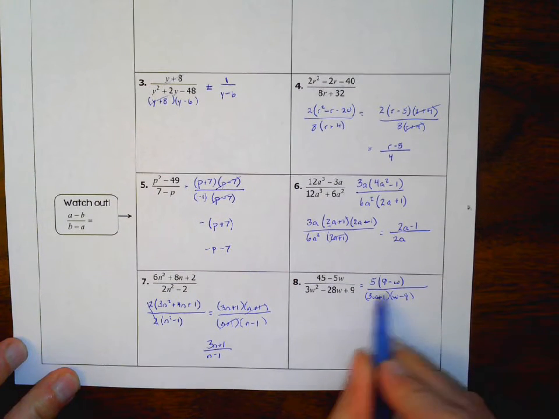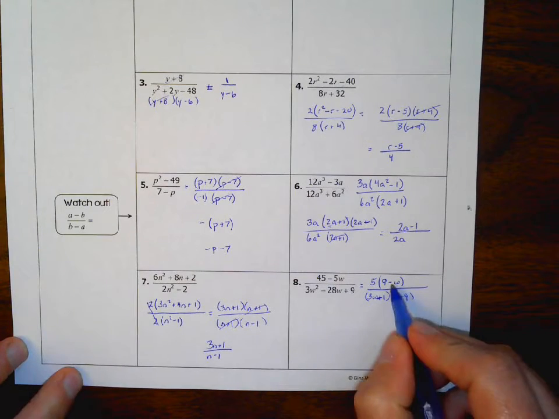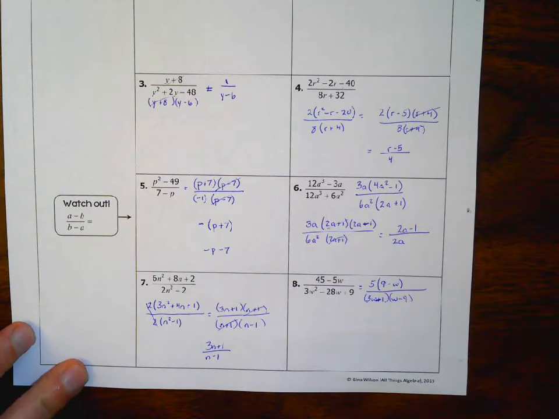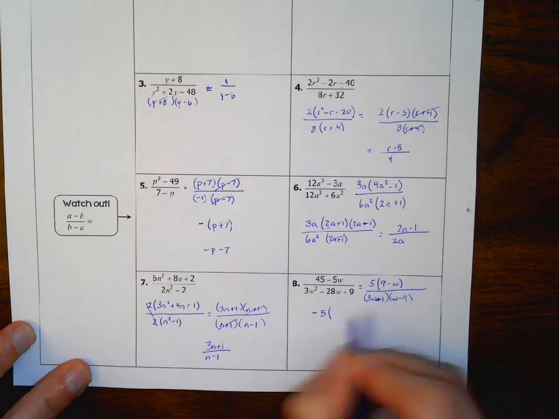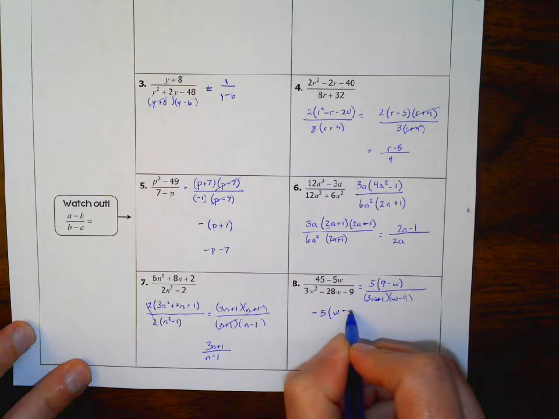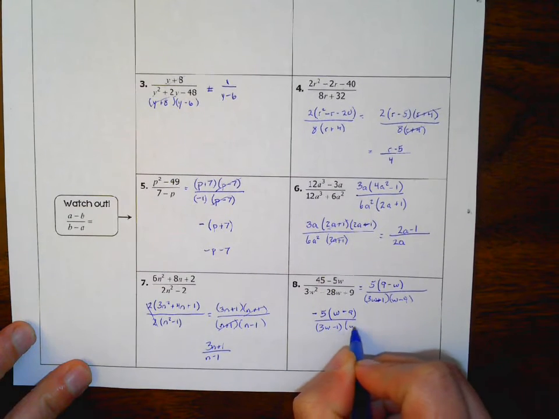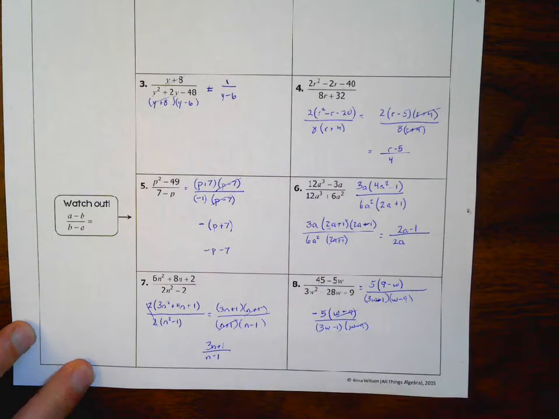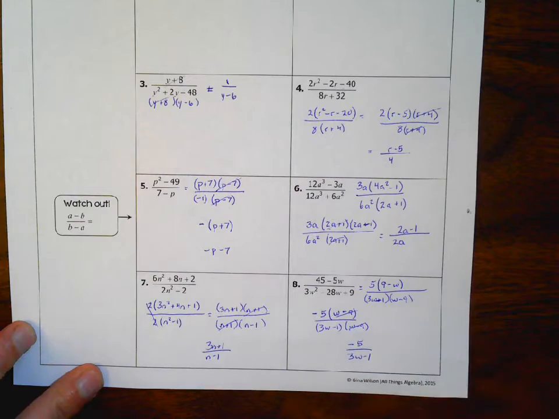It'd be negative 27 and negative 1 give you negative 28. Okay, now these are not quite the same, but almost. So if I take a negative out, it makes that a positive w and a negative 9. Now those are the same and they can cancel out, so you have a negative 5 over 3w minus 1.